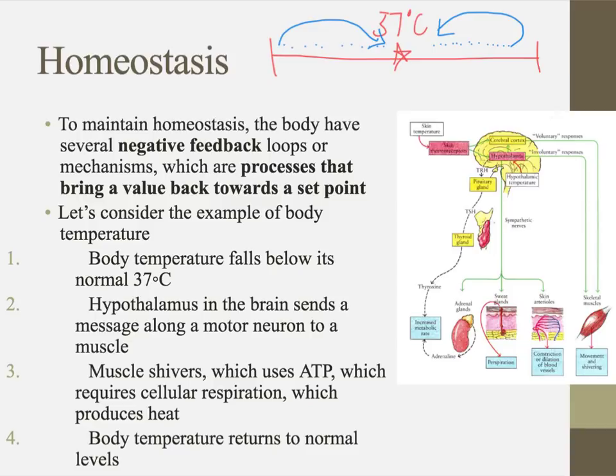Just as a review, cellular respiration is glucose, C6H12O6, plus oxygen, yields carbon dioxide, water, and two types of energy, ATP and heat energy, because it's not 100% efficient. So that generation of heat causes our body temperature to return back to normal. So we've decreased the body temperature, maybe you're standing out in the cold. All these things start to happen and we return back to the set point. That's a negative feedback loop.